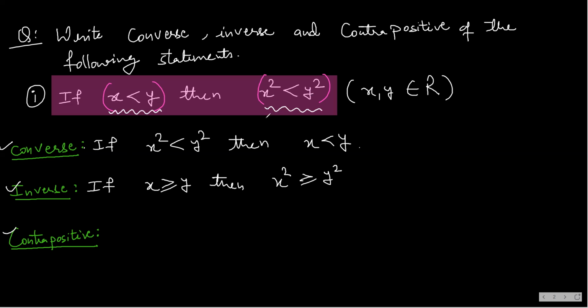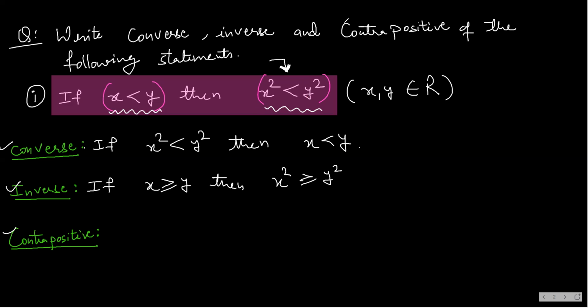So what is contrapositive? Contrapositive is you write if negation Q, then negation P. If negation Q, then negation P. So this will become the hypothesis and also the negation.